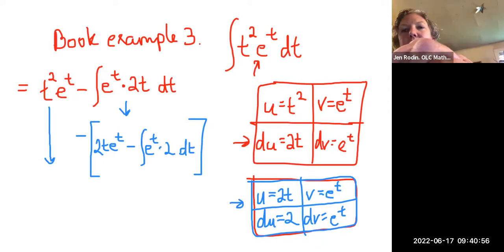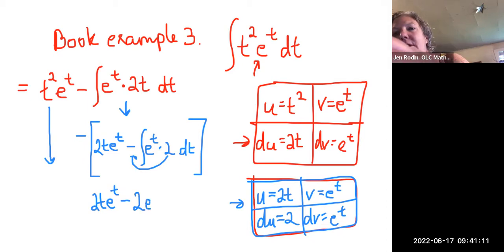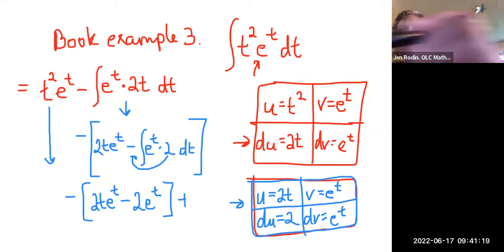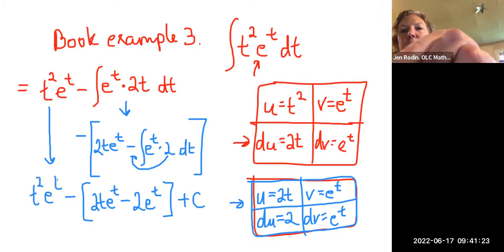So that's going to be just this. This 2 could come out in front here, and the integral of e to the t is itself. Then I just throw that down there.